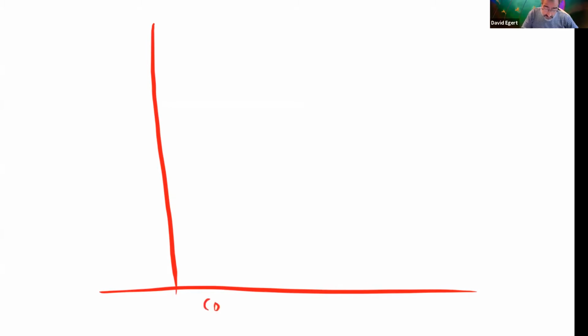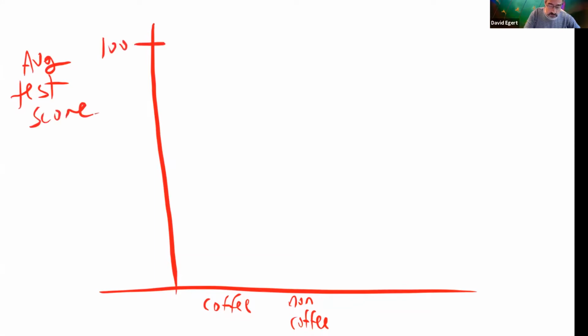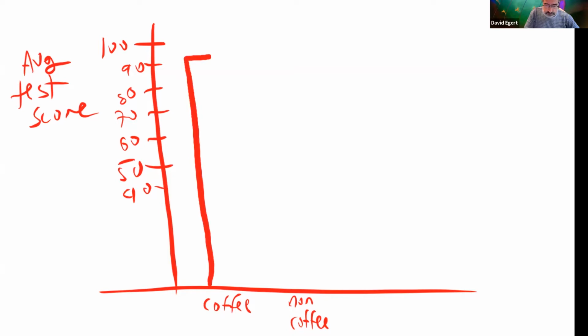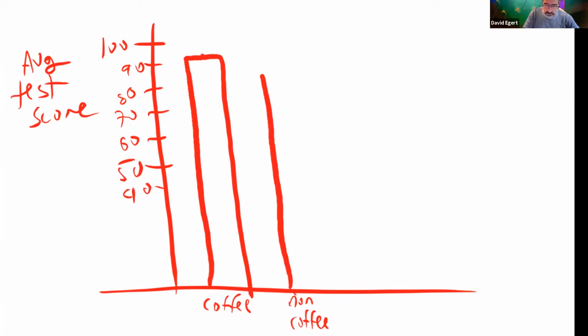And I could say, these are the coffee drinkers, these are the non-coffee drinkers, and here's the average test score. Maybe that is my bar graph, right?